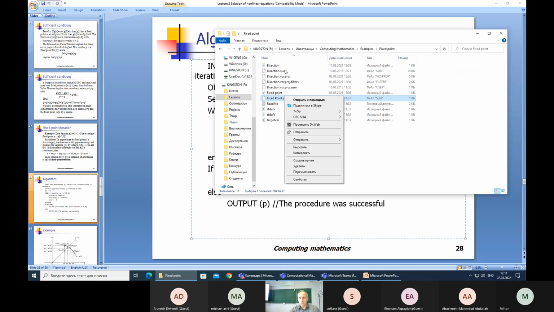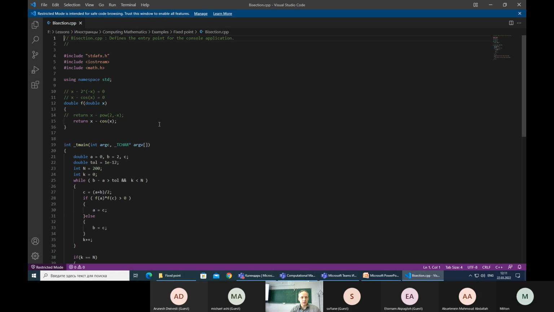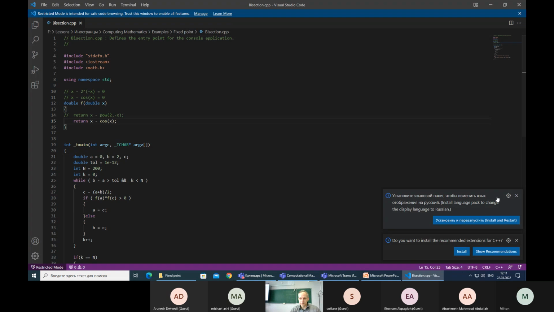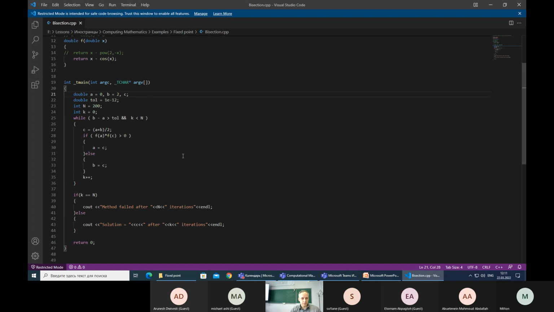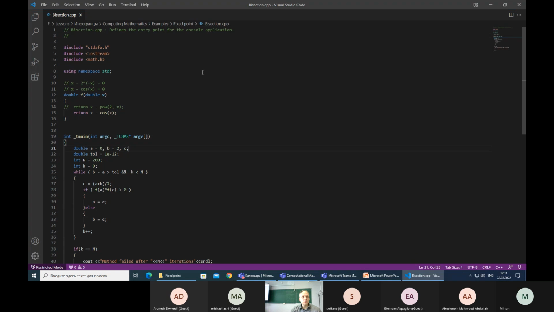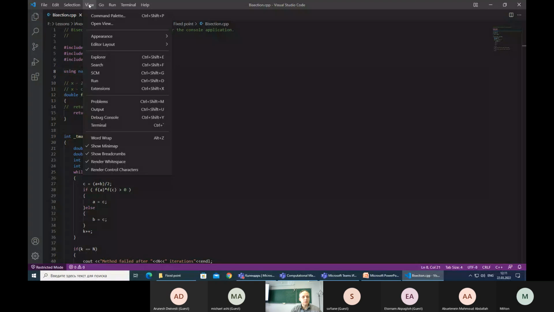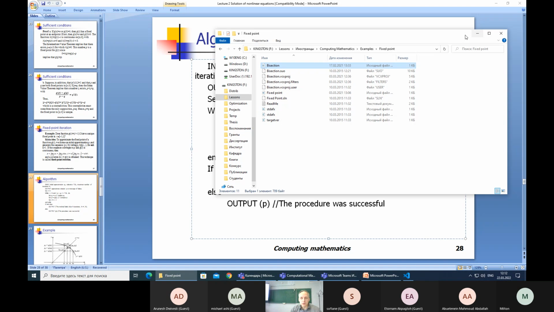Okay, I show you this just as code. How to increase the font.